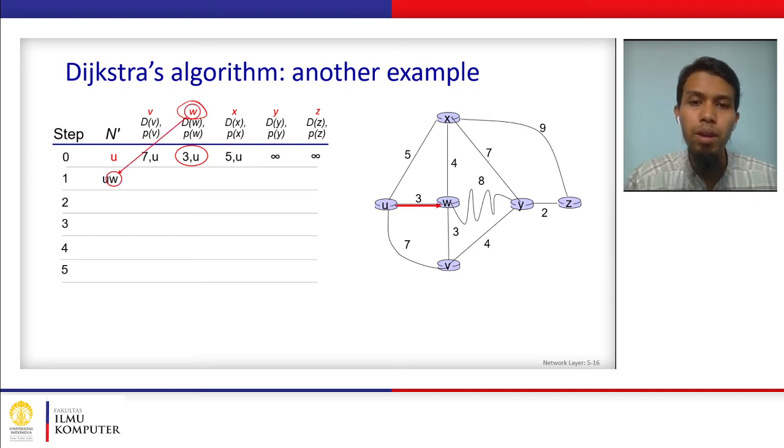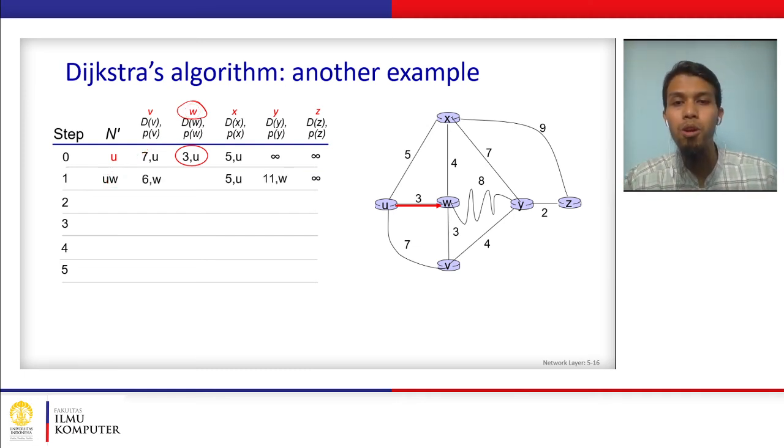All right, so now we have one step to W, and then we get a new path through Y, which was unreachable before. Now we can compute a new cost path from U to V. If we take the direct path from U to V, it costs 7.